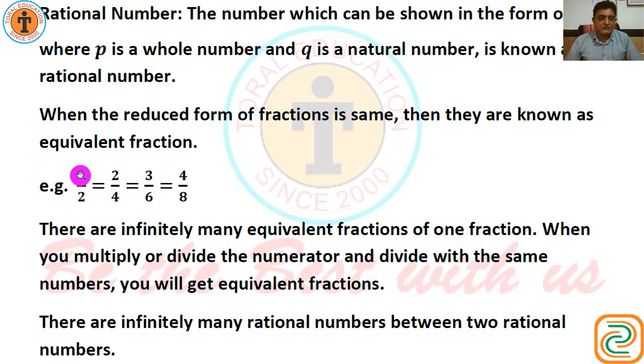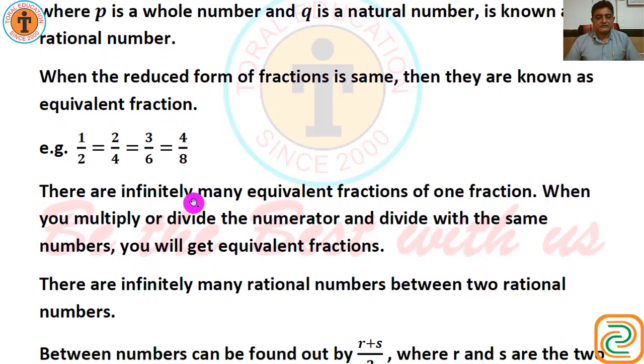Then we multiplied by 3: 3 1s are 3 and 3 2s are 6. Then we multiplied by 4: 1 4s are 4 and 2 4s are 8. Equal numbers multiplied to the fraction give equivalent fractions.